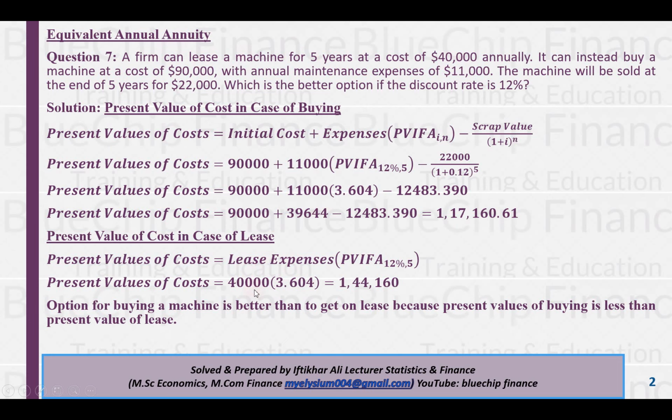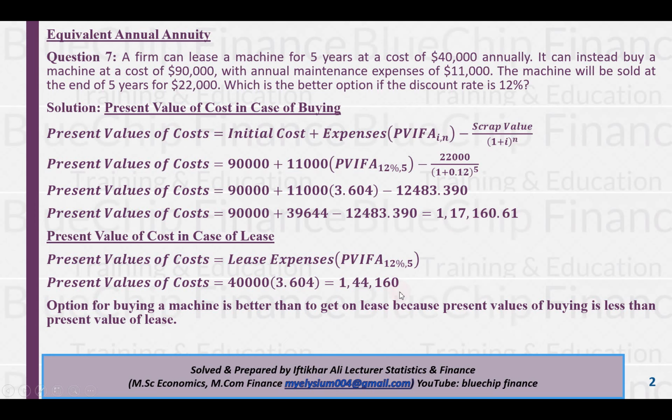Take the present value interest factor of annuity, 3.604, which we already calculated, and multiply this PVIFA with the 40,000 expenditures, and your present value of cost in choosing option A is 144,160. So buying a machine is better than getting it on lease, because the present value of buying, 117,160.61, is less than the present value of lease, that is 144,160.